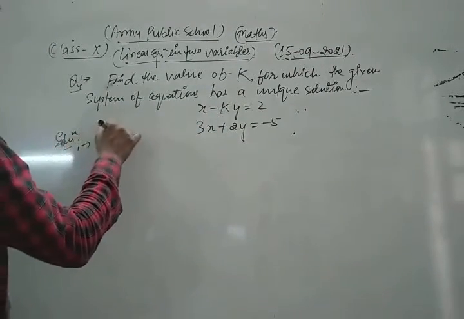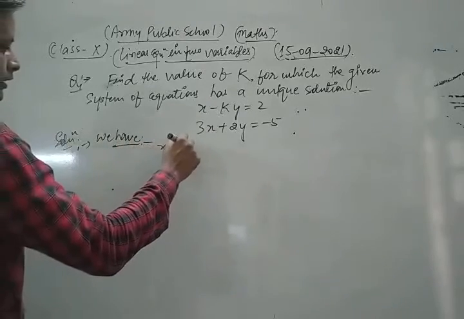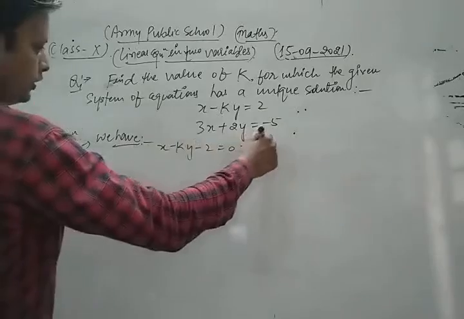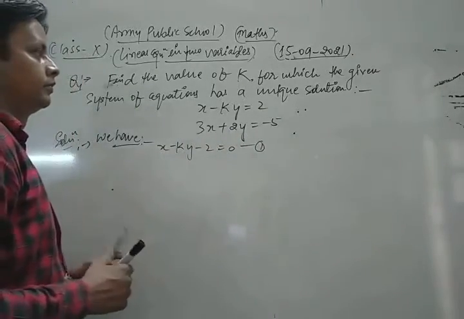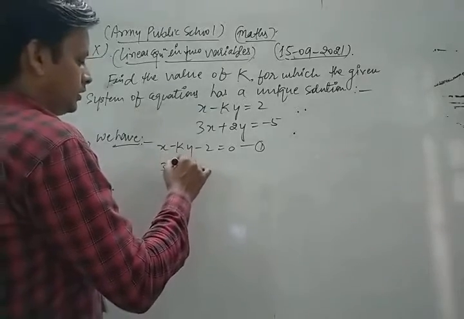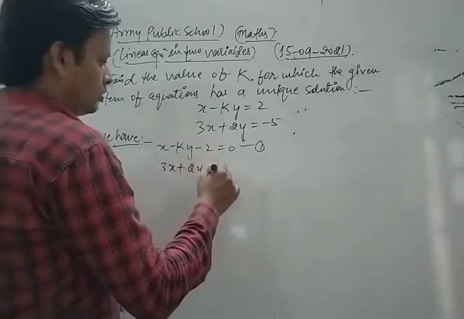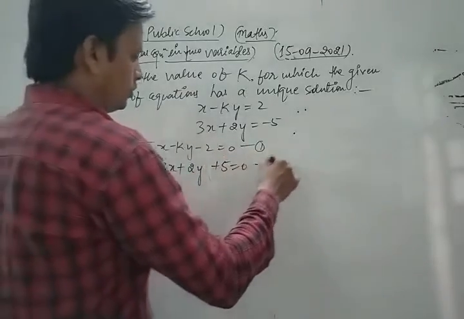We have x minus ky minus 2 is equal to 0 if we take equation number 1, and next one, 3x plus 2y plus 5 is equal to 0.